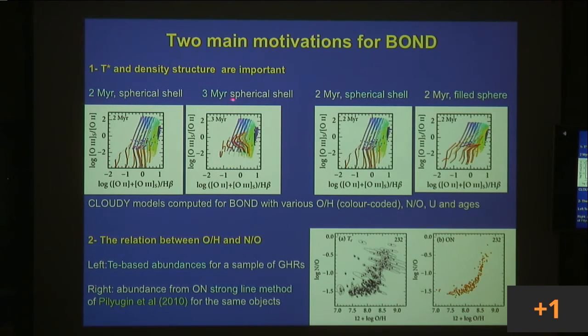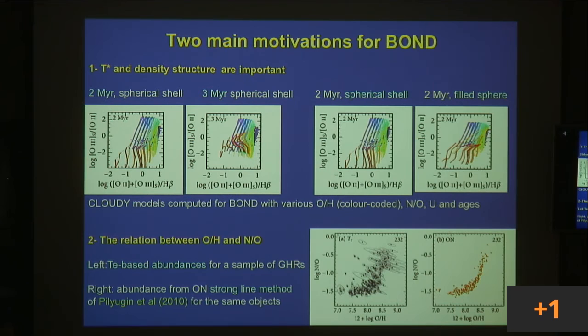It's a spherical shell, so it's a hollow shell. And this is the same for 3 megayears. So you see that there is a big difference in the global shape of the model grid. Now, here I'm comparing a spherical shell with a filled sphere model. And you also see that there is some difference in the global shape of the grid. And of course, depending on the grid that you will use, you will find a different abundance from strong lines.